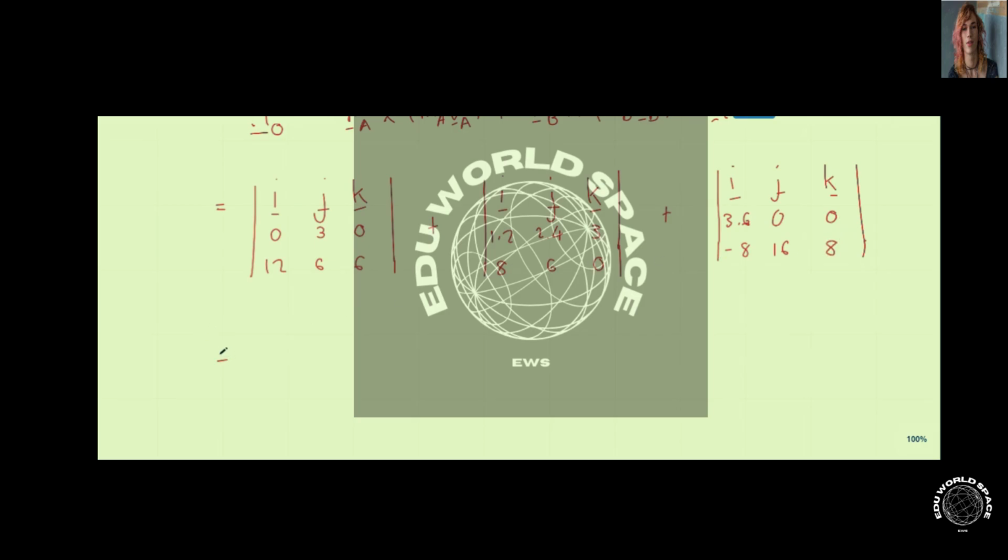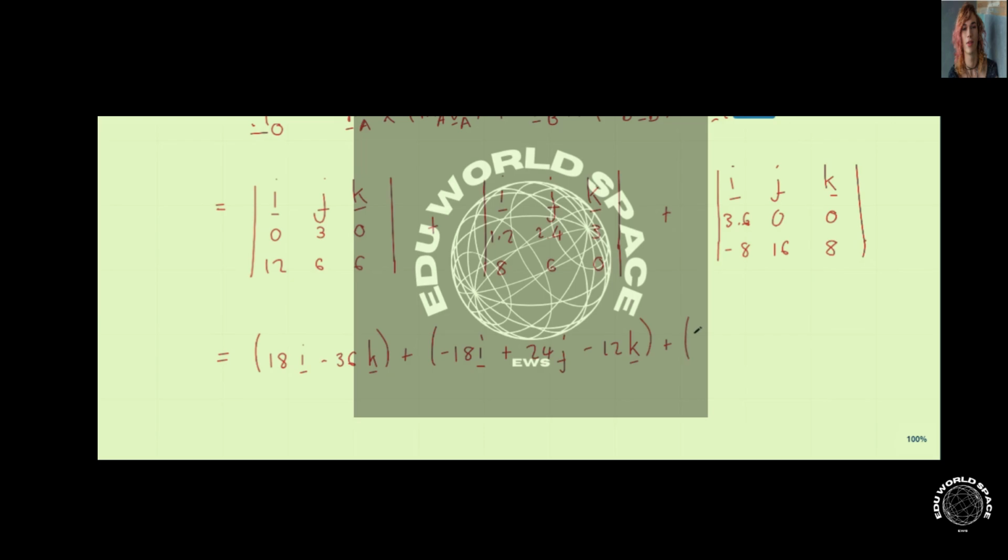If we perform this cross product, we get 18i minus 36k for particle A, plus, for particle B, minus 18i plus 24j minus 12k.